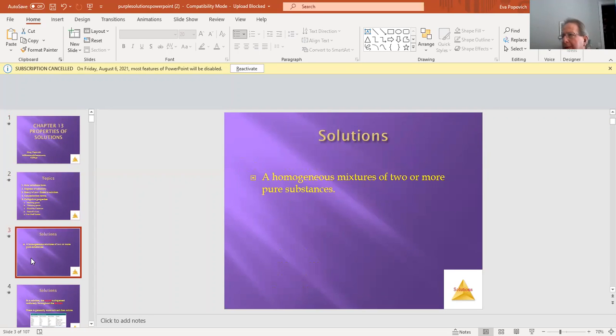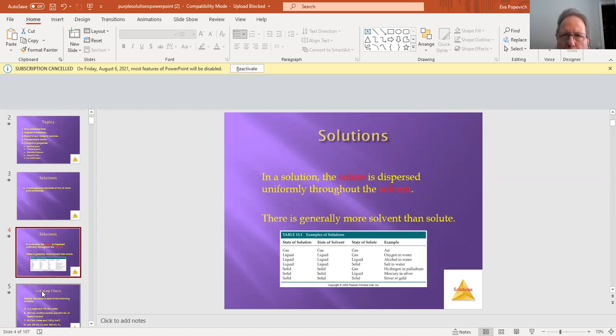Now, guys, basically, for definition, so we know what we're talking about, a homogeneous mixture is just two or more pure substances that are mixed such that you can't tell one from the other. In solutions, you get a solute, the stuff being dissolved, dispersed uniformly in the solvent. It doesn't really matter; you can have mixtures of solids and solids.